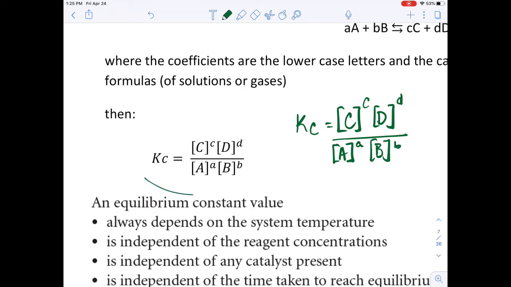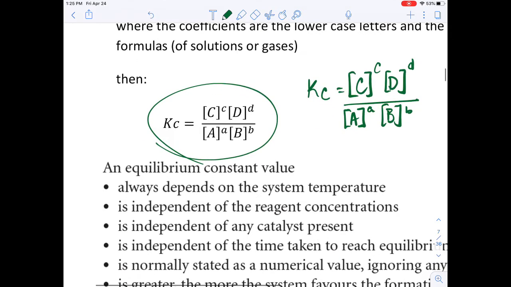And so that's what this means. We'll never actually properly use that equation. We're going to use that pattern to figure out other equilibrium constants.